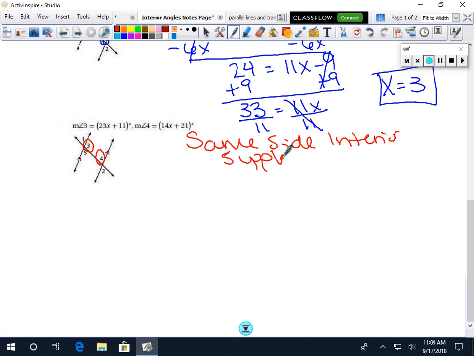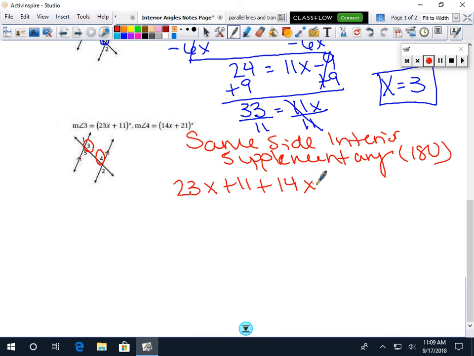Anytime they're supplementary, that means it adds to 180. So I'm going to add the two angles together and then set it equal to 180. So 23x plus 11 plus 14x plus 21, and I'm going to say that that is equal to 180.